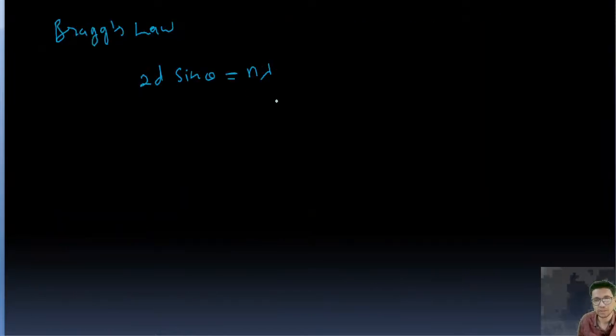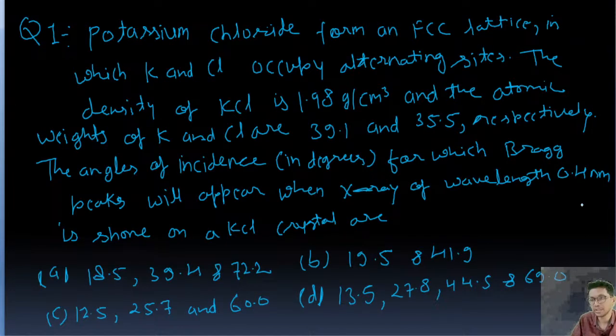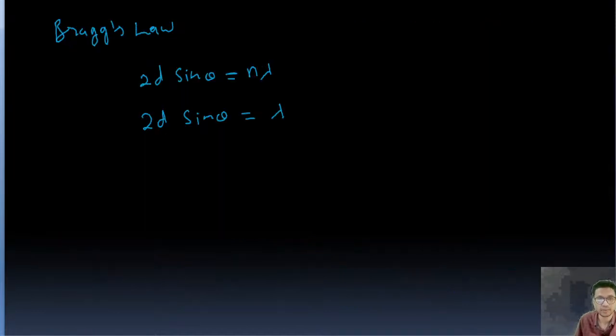And n we can take 1. So 2d sin theta is going to be equal to lambda, and the lambda value is given, that is 0.4 nanometer, means 0.4 into 10 to the power minus 9 meter, right?